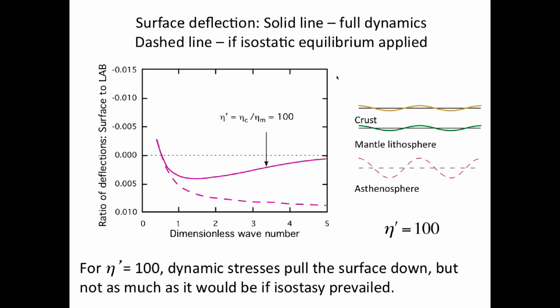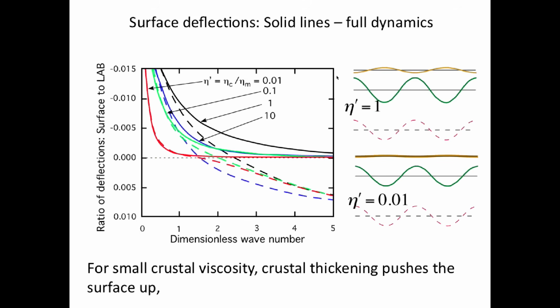So this is similar to the situation I gave you with McKenzie's calculation. The isostasy gives you a bigger deflection than when you have the dynamics. It's the same process, although here we do isostasy just with the lithospheric thickness, not all the way down. If one looks at the other extreme, where the crust is comparably viscous, less viscous, or even a bit more viscous, so this case where the crust and mantle lithosphere have the same viscosity, here where the crust is much less viscous, again, wave number here, deflection of the surface scaled to the LAB.